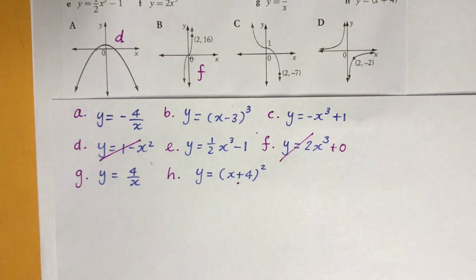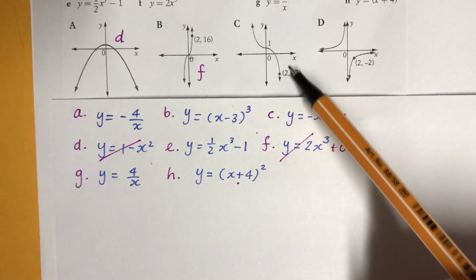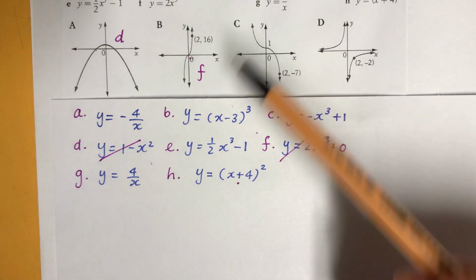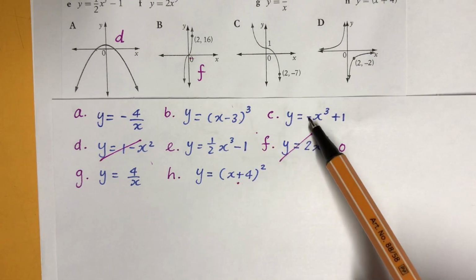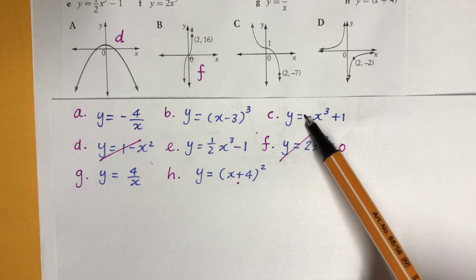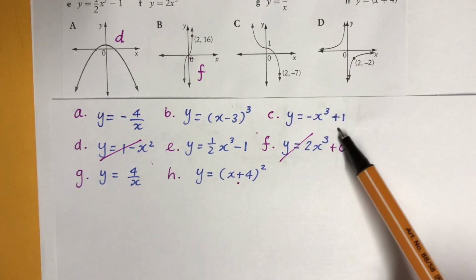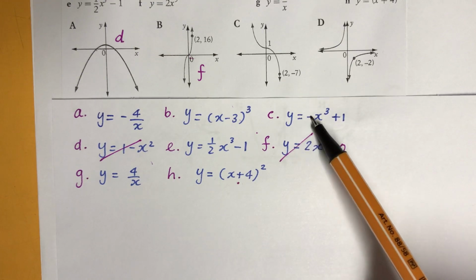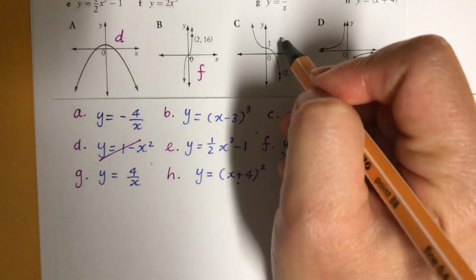Now this one is a cubic again, but this time it starts from the left to the right, so it's a negative cubic. And we got these. Oh, that's obvious. So C will be the answer, but let's have a look again. Now it's gone up by 1, so that's gone up by 1, and it's negative, so it starts from left to right. So perfect. So that's C.